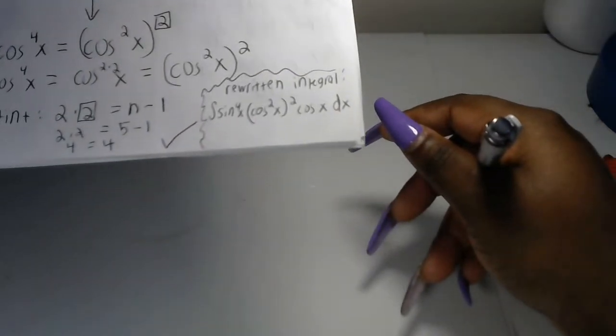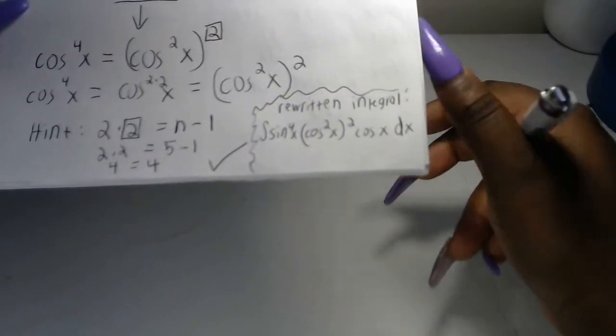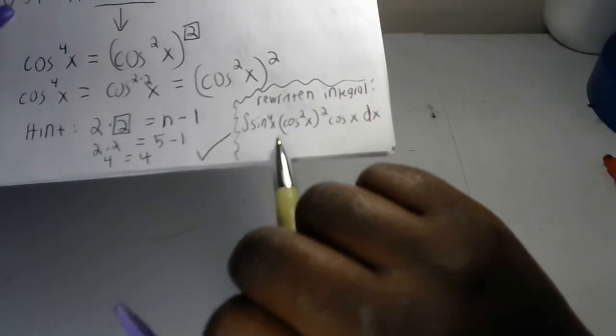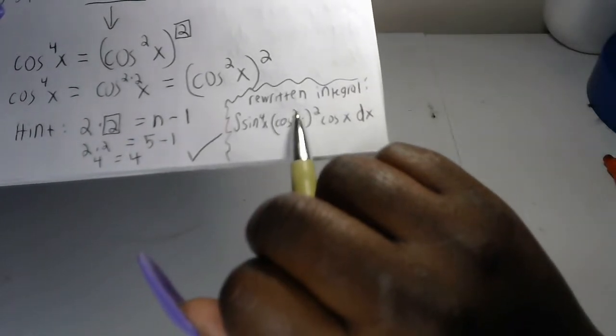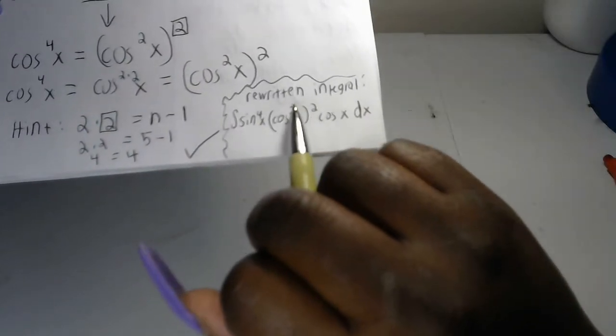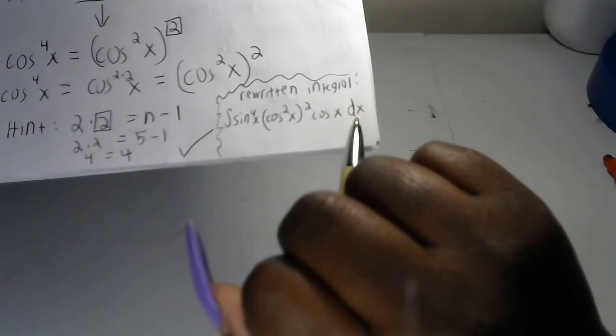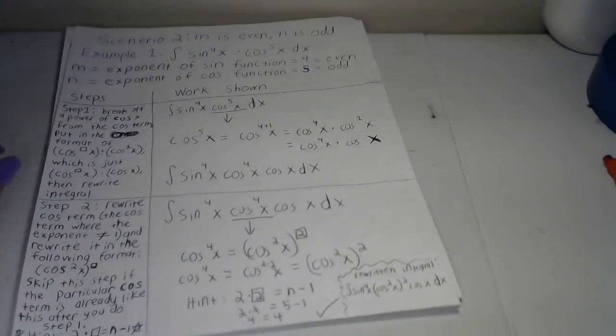So sine x to the 4th times cosine x to the 2nd power, and all of that to the power of 2 times cosine x dx. That's the rewritten integral. All right, now let's go to step 3.